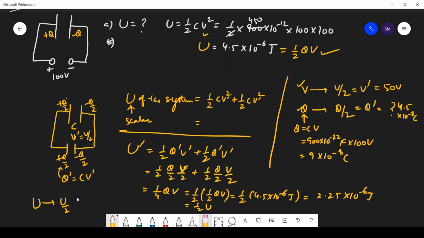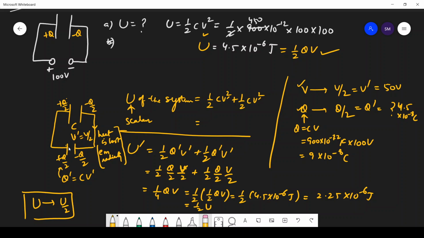This energy has gone because you can see this charge is flowing, and flow of charge is current, and when this current is flowing, heat is lost. And when a charge moves, energy is lost in the form of electromagnetic radiation. You know, accelerating charged particles emit electromagnetic radiation. So in the form of electromagnetic radiation, half of the energy is lost.